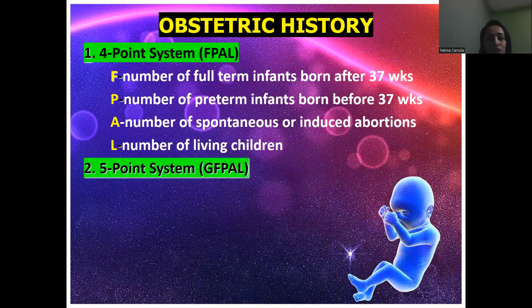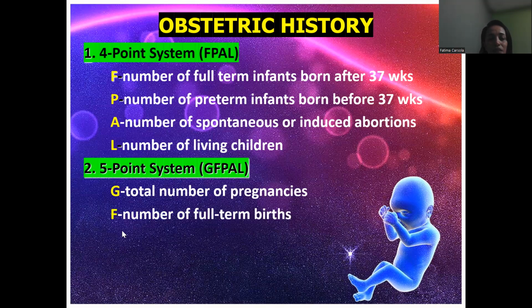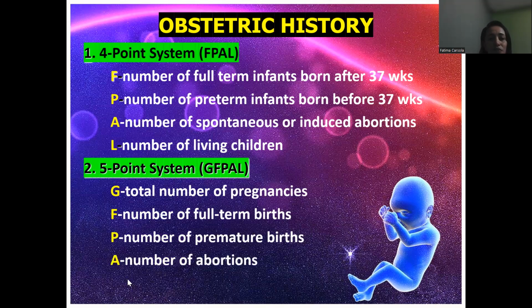We also have what we call the 5-point system or the GFPAL. The gravida is the total of pregnancies. When we say the total of pregnancies, it could be an ectopic pregnancy or maybe an H-mole. It could be on or under the total of pregnancies, which is G. And we have F as, again, the full-term infants, P for the preterm or premature births, A for the number of abortions, and L for the number of currently living children.